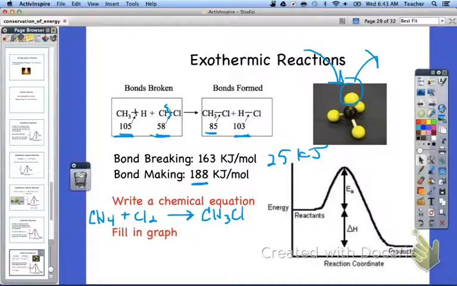Now I'm going to write down below just because I'm out of room, plus HCl plus this 25 kilojoules of energy extra that's given off because more energy was given off in the bond making process. If we wanted to put this on the graph then, the difference in energy between the reactants and the products, that amount of heat that got given off, would be 25 kilojoules.